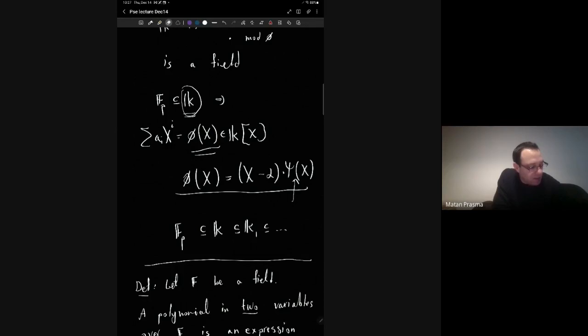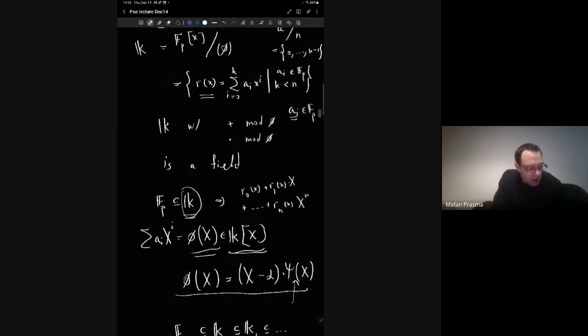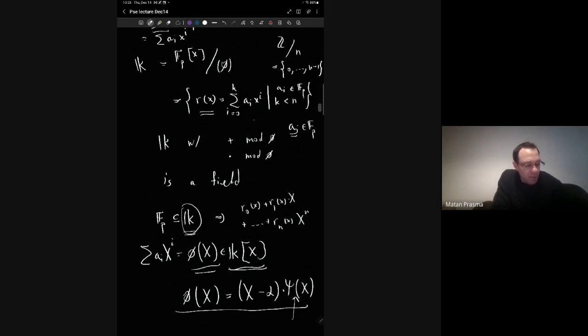A typical element in K[X] is, let's say, r0(x) plus r1(x) times capital X plus ... plus rn(x) times X to the n, where r0 up to rn are simply elements in K, right?